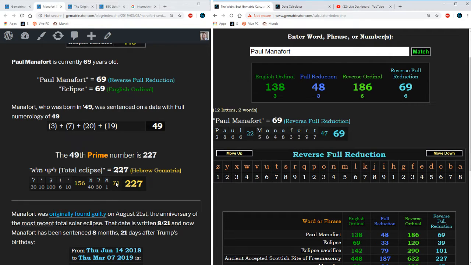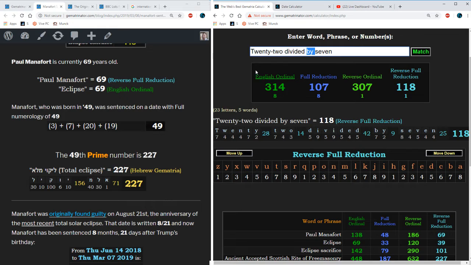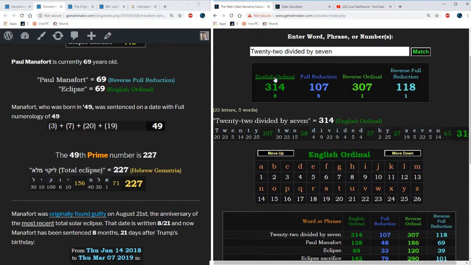In Hebrew Gematria, again, Hebrew, one of the 2 languages where this code of letters and numbers originated, the phrase total eclipse equals 227. And this is a really significant number. If you divide 22 by 7, you get the first 3 digits of pi. This concept is coded into the English language. When you write out 22 divided by 7, you get an ordinal value of 314, again, like the first 3 digits of pi.